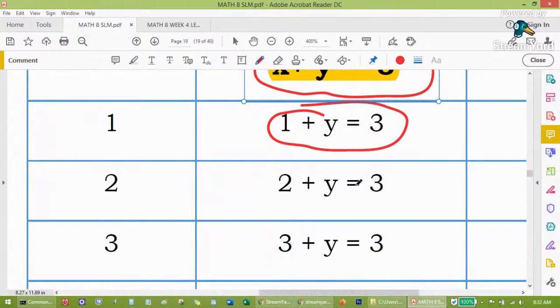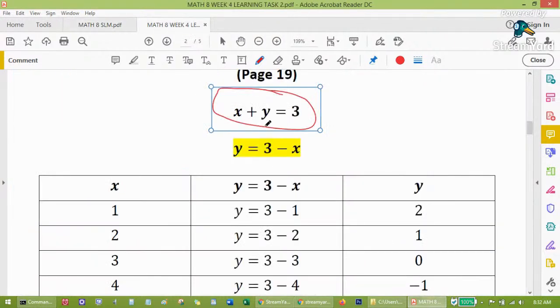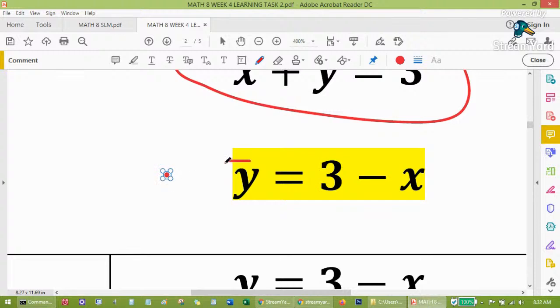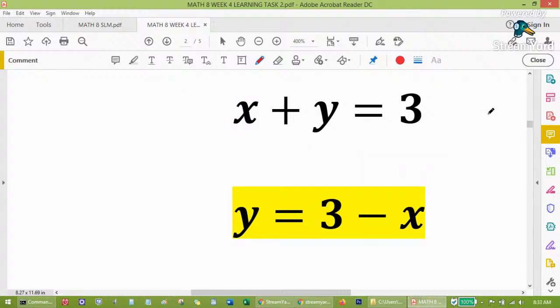Kagaya nito, 2 plus y is equal to 3. So, what is the value of y? So, mag-iisip ka pa ng value ng y na pag pinlus na 2 equals to 3. And that is 1. No? So, itong ginawa naman natin is in-equate natin sa y. Ginawa natin y lang ang mag-isa sa left side. So, itong x, ilipat natin dito sa kabila.